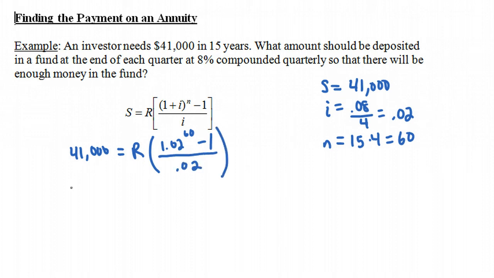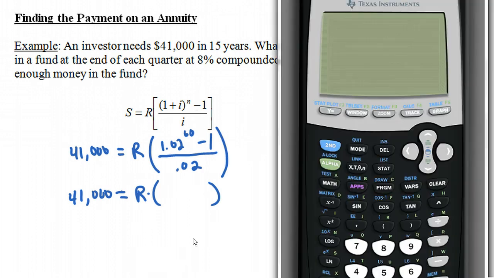Now what I'd like to do is just on our calculator figure out what this is inside the decimal here. So let's type this out in our calculator. Let's put a parenthesis here for the numerator: 1.02 raised to the 60th power, make sure you get out of the top now, minus 1.